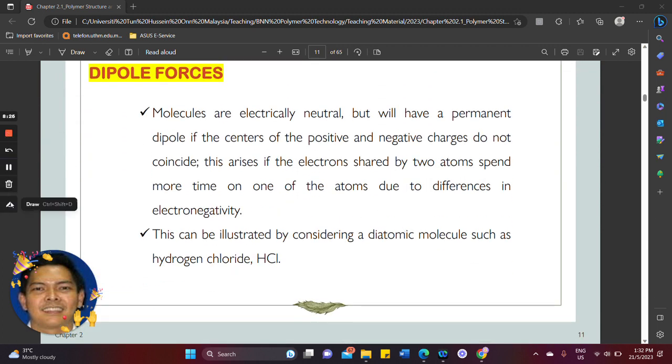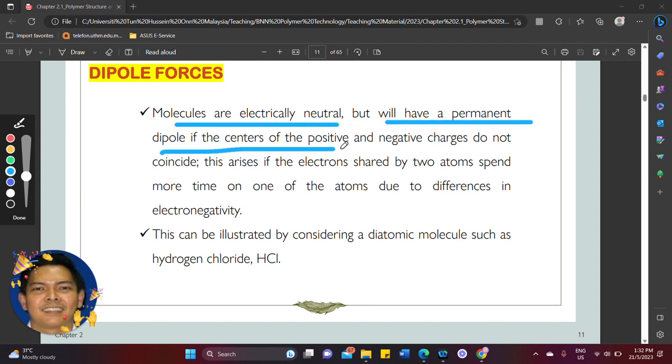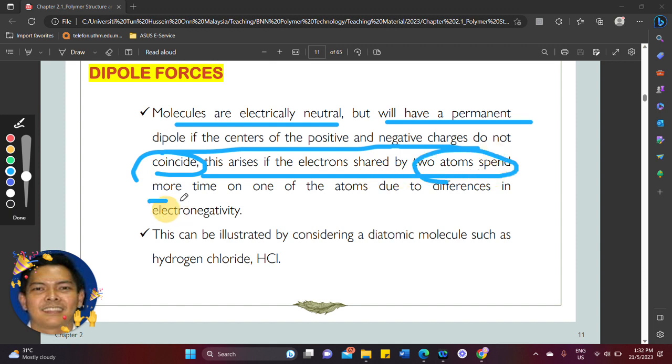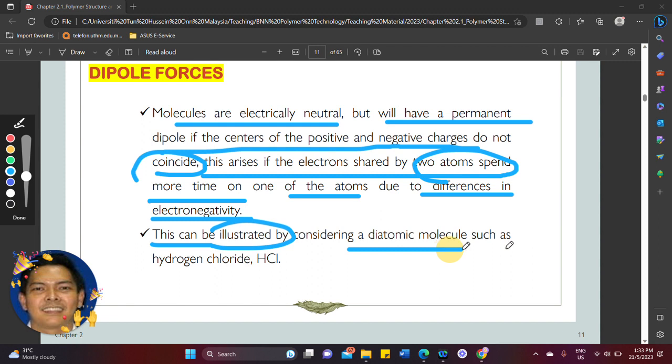Dipole force. Molecules are electrically neutral but will have a permanent dipole if the centers of the positive and negative charge do not coincide. This arises if the electrons shared by the two atoms spend more time on one of the atoms, due to differences in electronegativity. This can be illustrated by considering a diatomic molecule such as hydrogen chloride, or HCl.